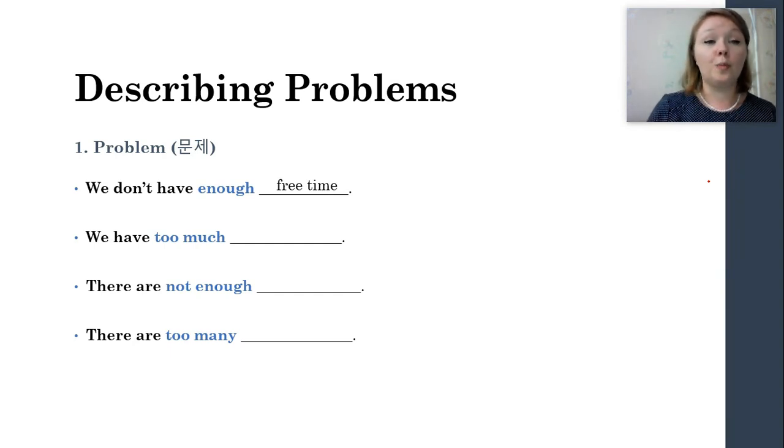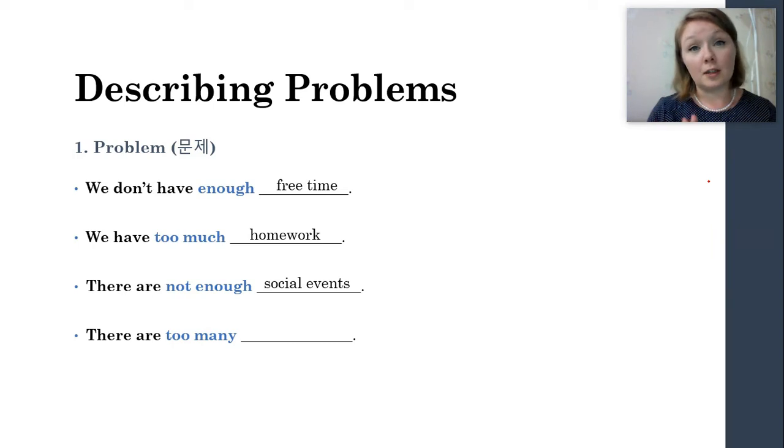We have too much homework. There are not enough social events or places to meet people, right? Social means with other people. And there are too many students. So just like we saw in the listening, we can use these words enough, not enough, too much, and too many to describe problems, right? So that's step 1.